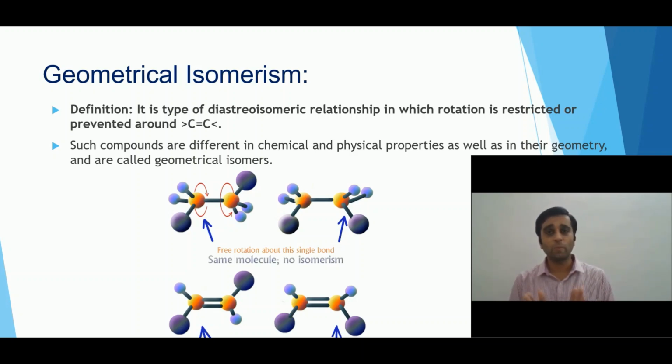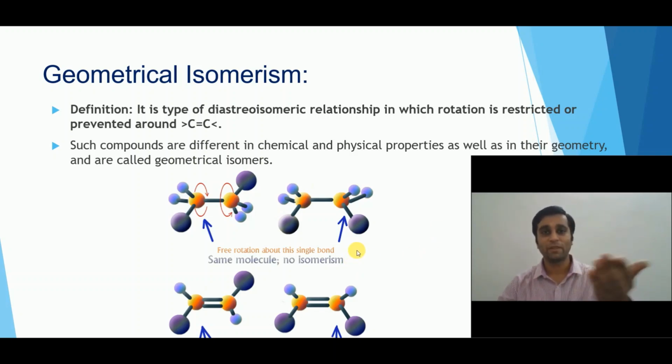When I say geometrical isomers, being diastereomers, they have different physical and chemical properties. It means their melting point, boiling point, density, viscosity are absolutely different. Hence, we can easily separate a single geometrical isomer from the mixture by mainly two techniques, fractional distillation and fractional crystallization.